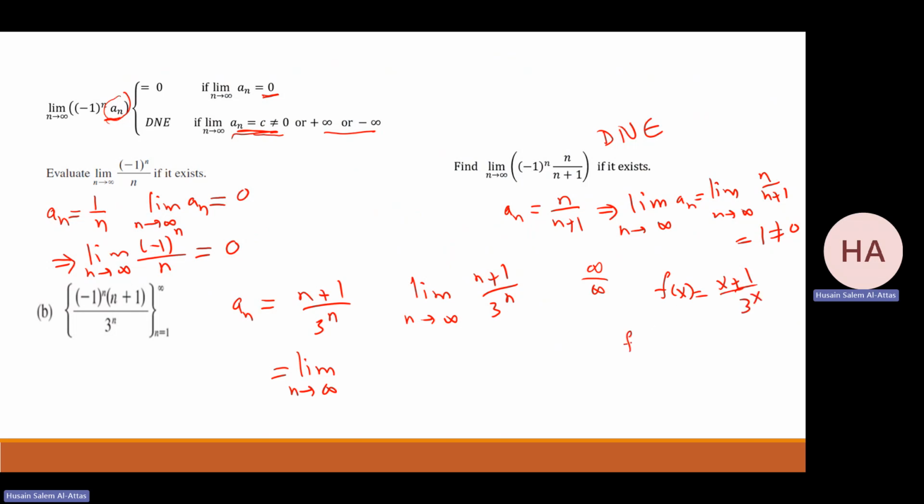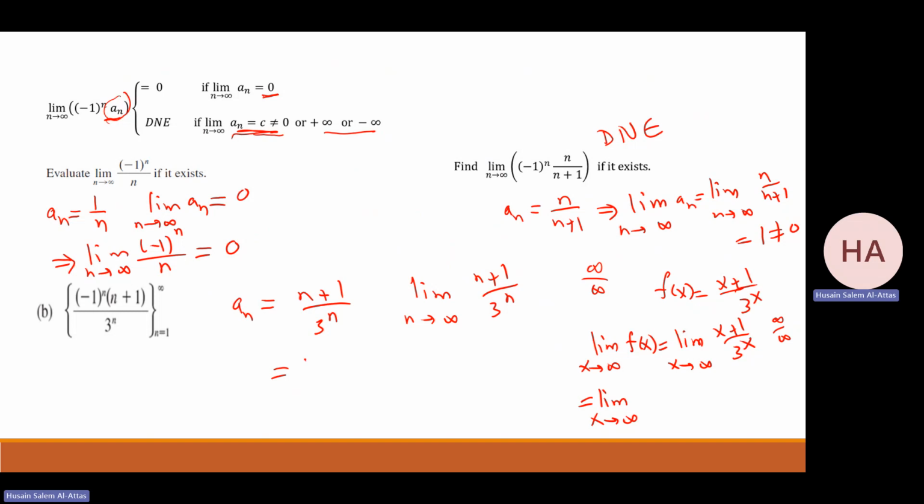What will be the limit as x goes to infinity of f of x? That will be the limit as x goes to infinity of x plus 1 over 3 to the power x. Now I have infinity over infinity. L'Hopital's rule. So that will be the limit as x goes to infinity of what?